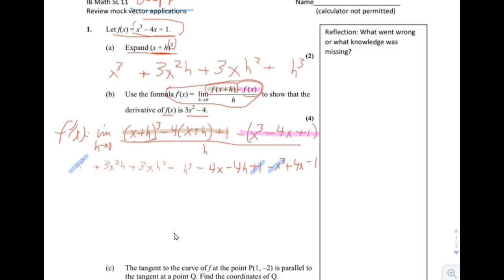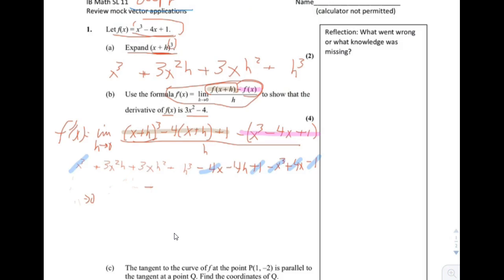And what we're left with is the limit as h approaches 0 of 3x squared h, plus, one thing I forgot to say, all of this is over h, okay?